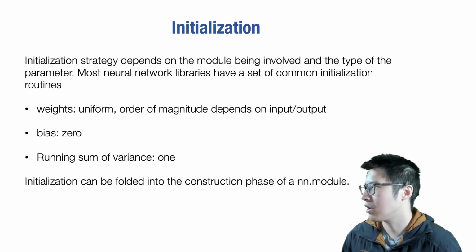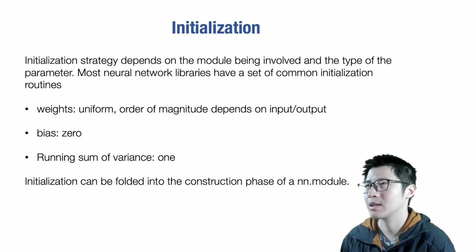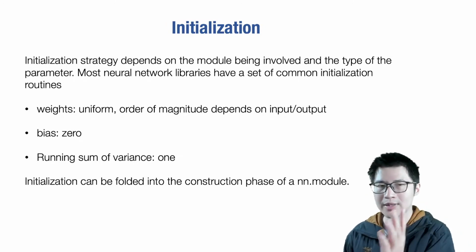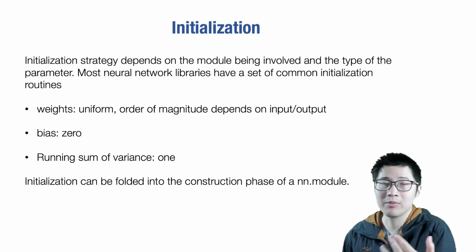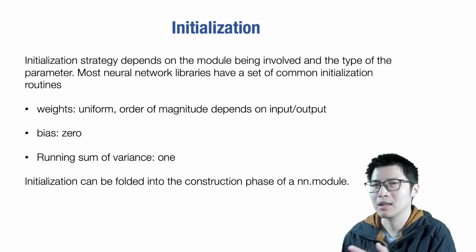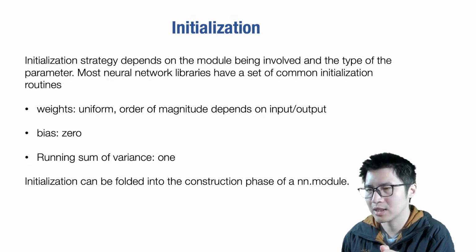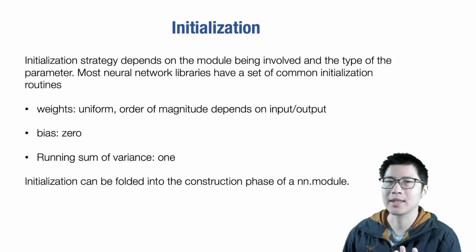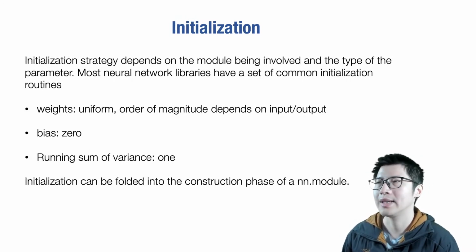And for different kinds of weights in your neural networks, whether it's a bias term that just adds an offset to the activation value, or sometimes a running mean and variance that help us renormalize your neural networks, as well as the weights for fully connected layers and convolutions, there are different ways for us to initialize them.